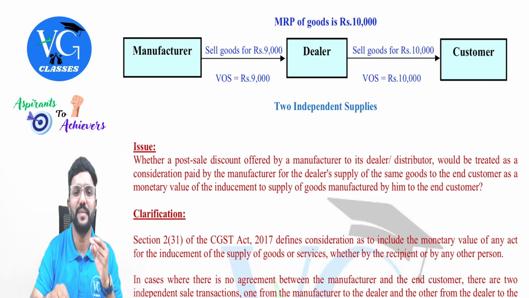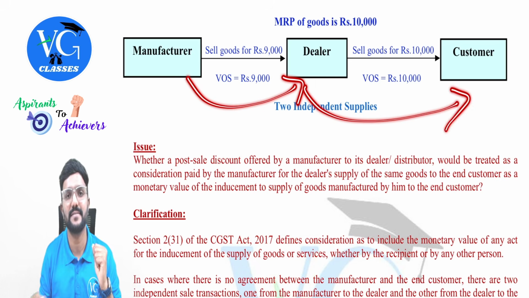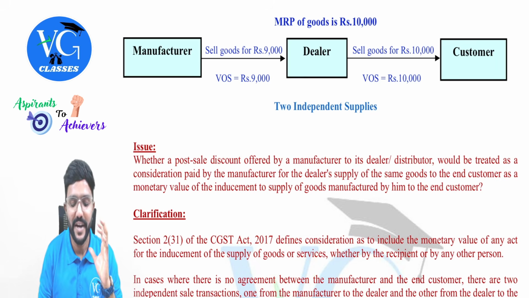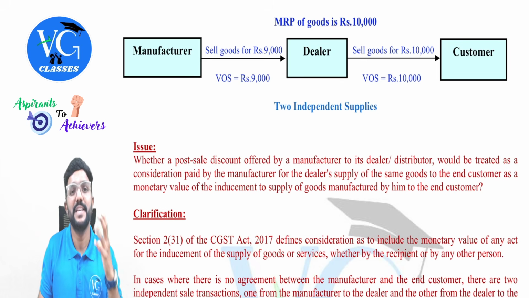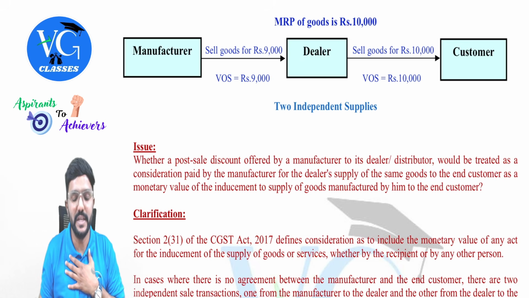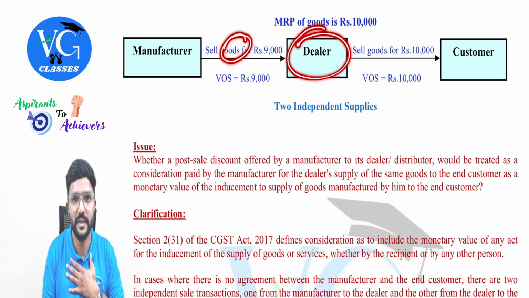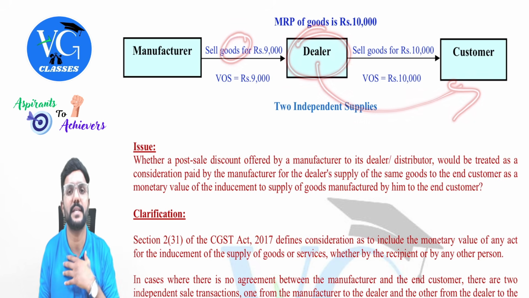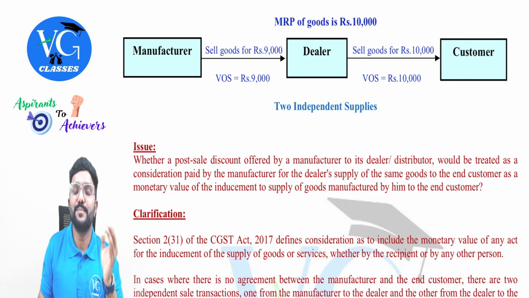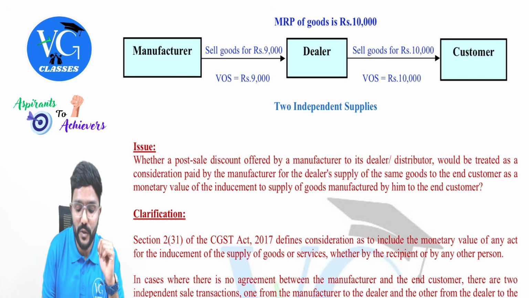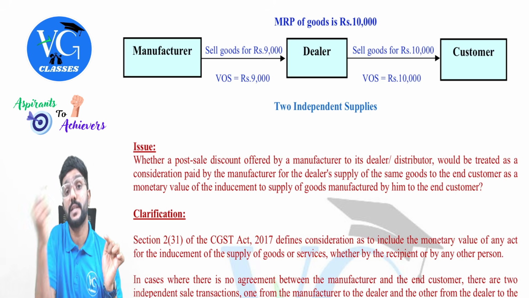Clear? Why so? Because we are treating these as two separate sales, guys. And here the dealer is not just acting as an agent for the manufacturer. He is buying the goods. All the risk and rewards of these goods are already transferred to the dealer for 9,000. And further he will sell it to the customer. Is the manufacturer giving the discount so that the dealer will sell the manufacturer's goods to the customer?